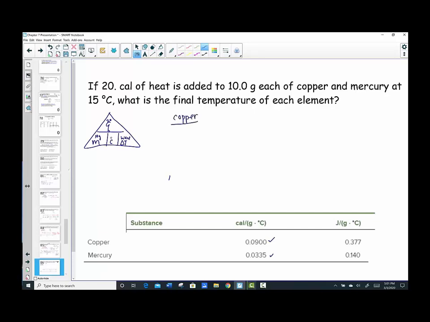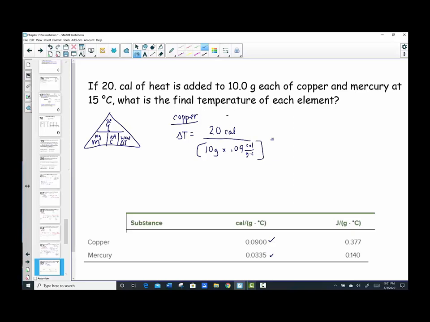With copper's value of 0.09, this looks like my math. Delta T will be solved for by taking our 20 calories and placing it over our 10 grams times the specific heat of 0.09 calorie per gram Celsius.